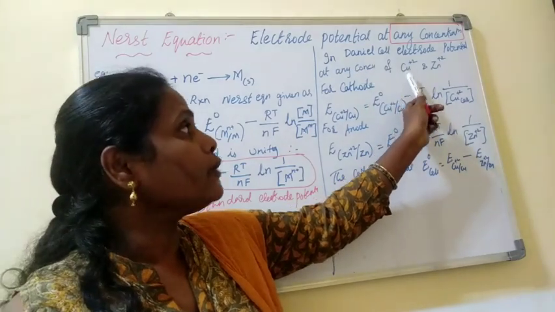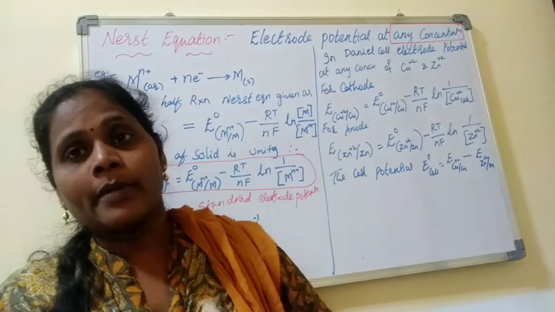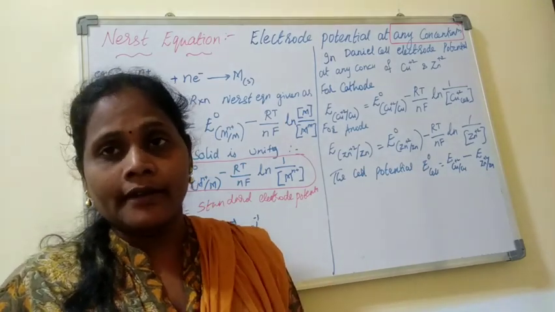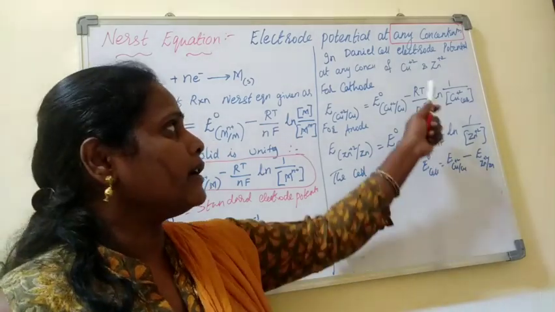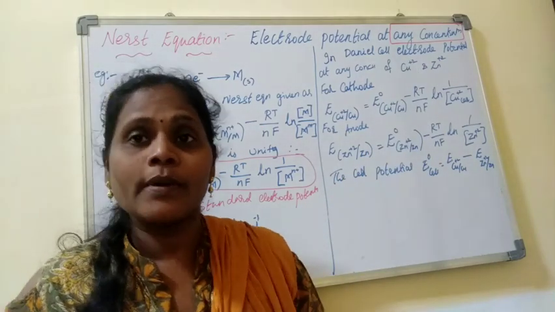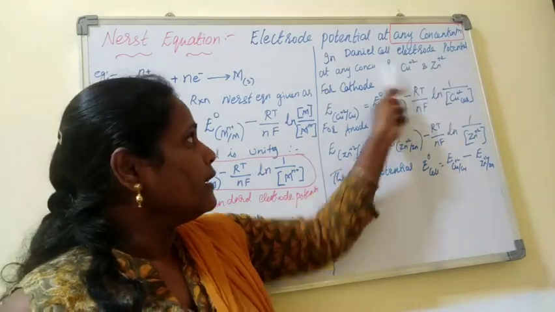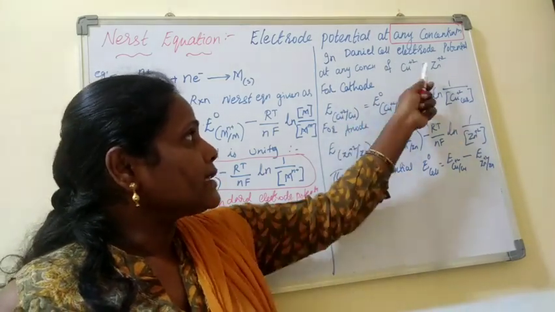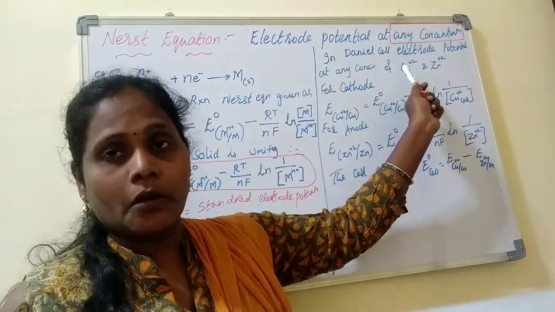See, every time I am taking the copper zinc electrochemical cell because it is easy to remember, because we even know the standard reduction potentials of copper and zinc, right? Let us derive for this copper zinc electrochemical cell. So for the cathode, what is the cathode? Cathode is happening at the copper rod.